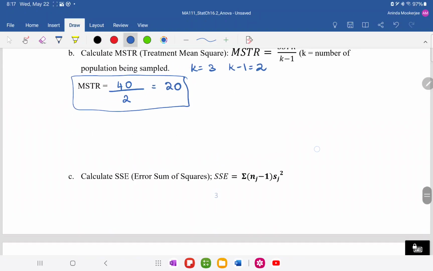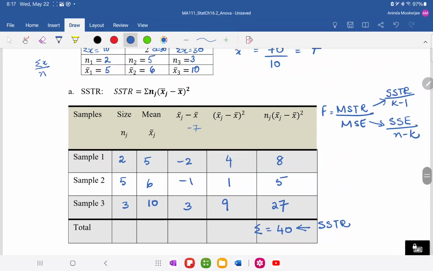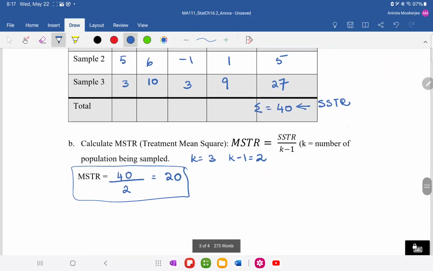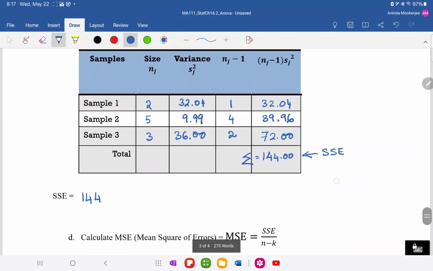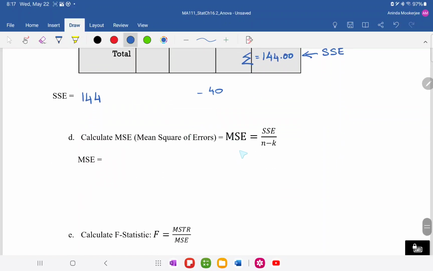Did I write the SSTR value somewhere up there? That was 40, right? 40. Okay, so let's move on. For MSE, it's SSE over n minus k. Keep in mind, n is equal to 10. We use the value of n in calculating our overall sample mean x bar.